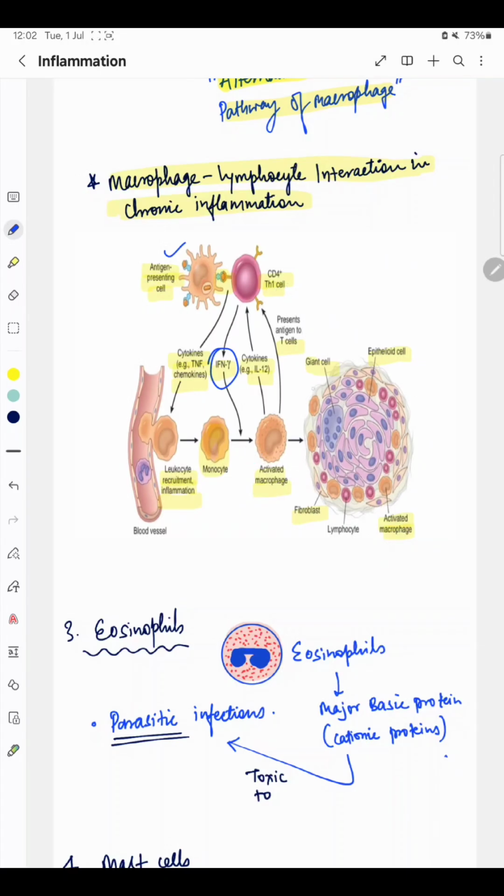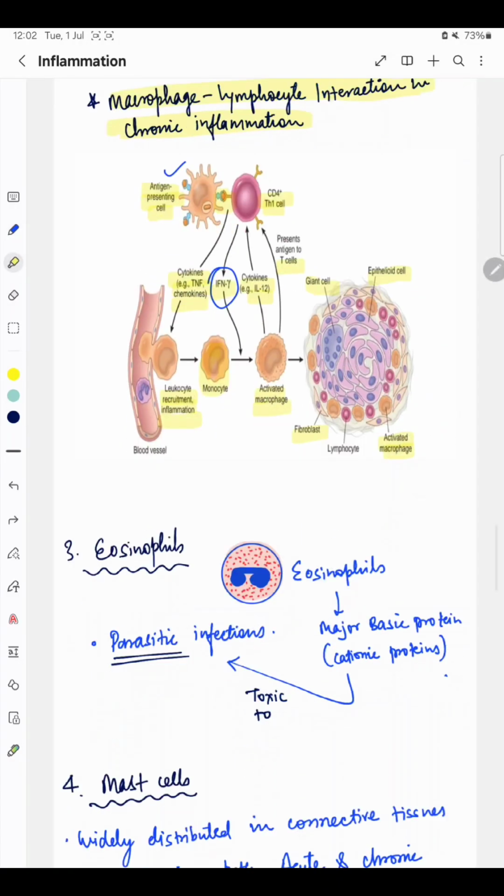They keep complementing each other's function, and activated macrophages may result in the formation of a granuloma. So this is a diagrammatic representation of a granuloma, which we will discuss later on.